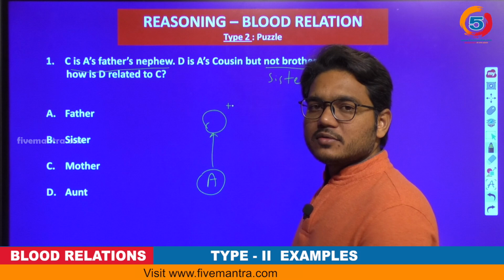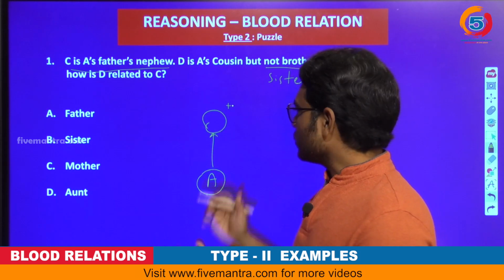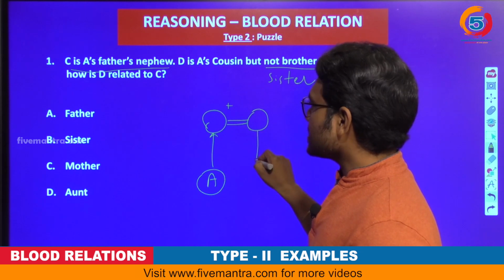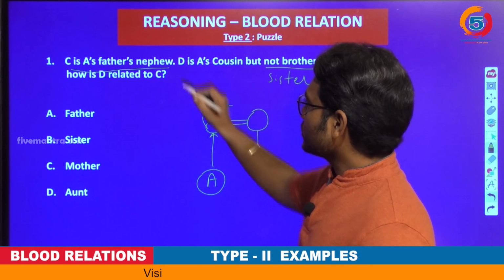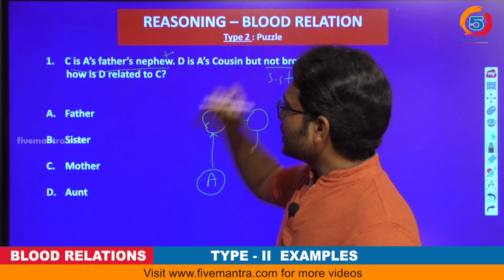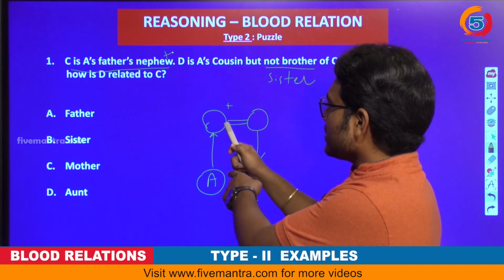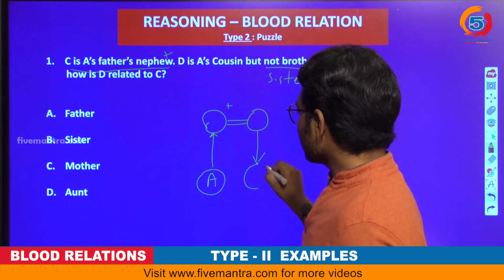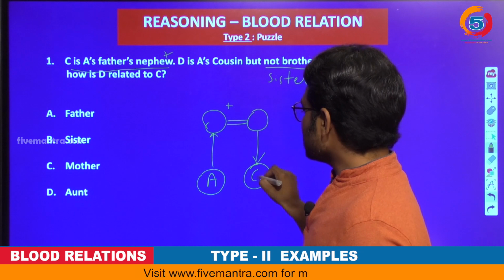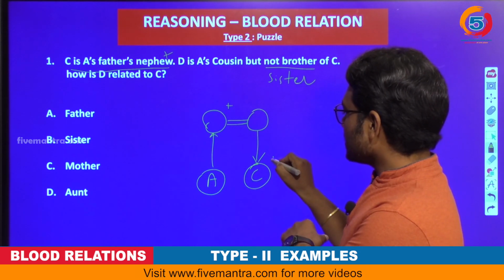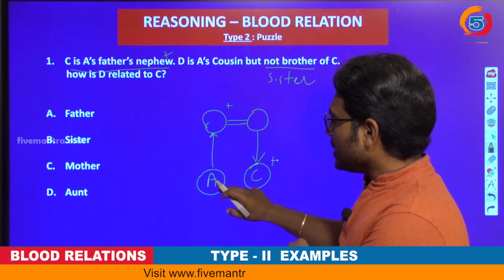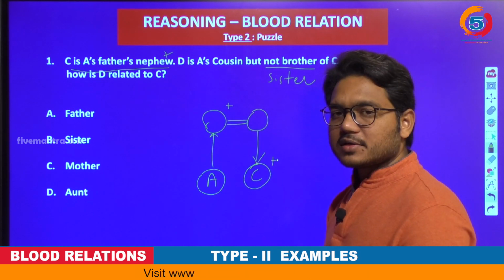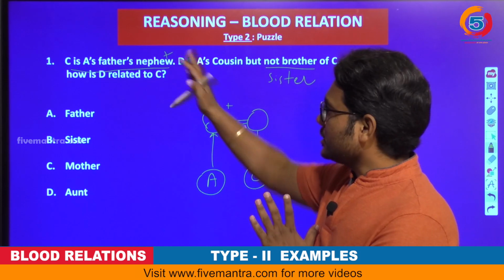The father's nephew is C. So a sibling of A's father has a son, and nephew means he is a male, so that is C. C is the nephew of A's father. Is it clear till this point?